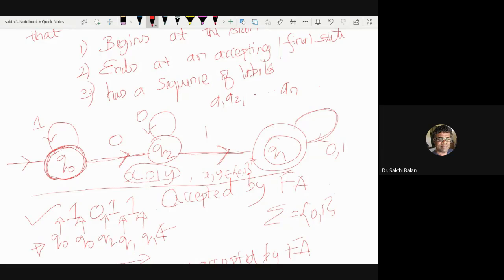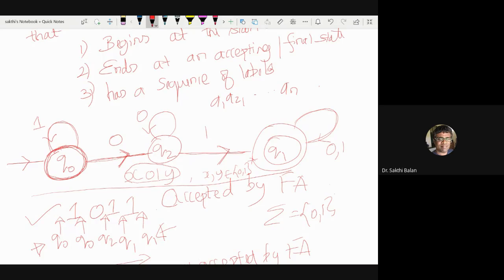Now, whenever you are in Q0, if you are reading a 1, it doesn't matter because it is not the starting point of 01, right? So you don't have to consider a 1 here, and you can stay in the same state. But whenever you read a 0, you go to Q2. And Q2 is a state which remembers the fact that you have read at least one 0.